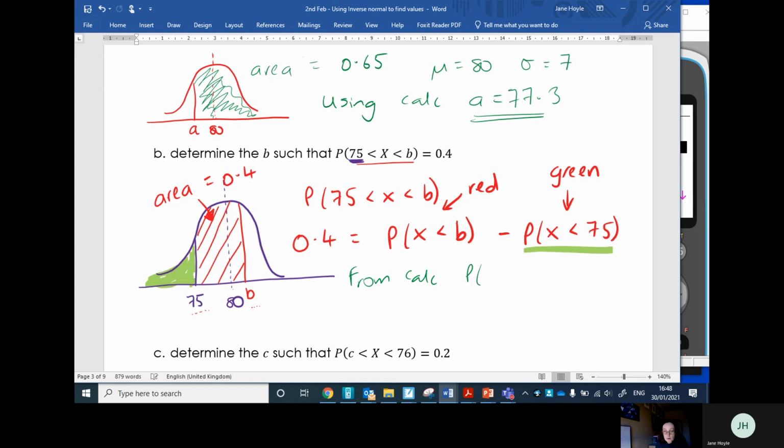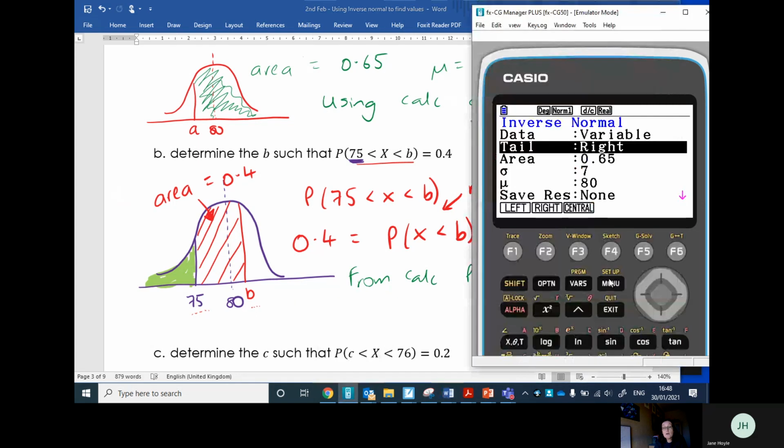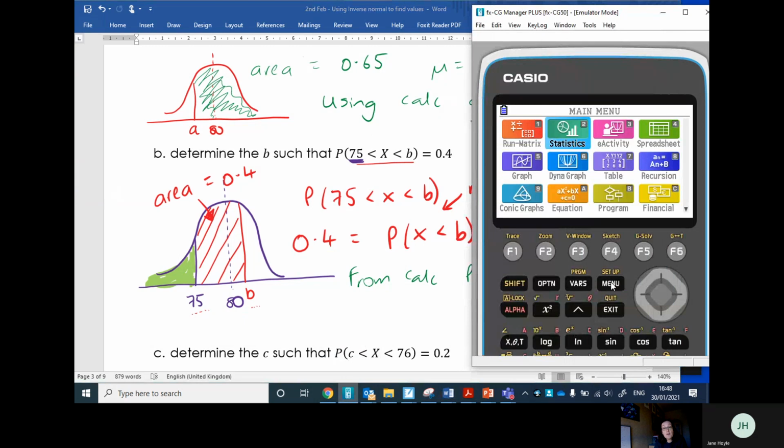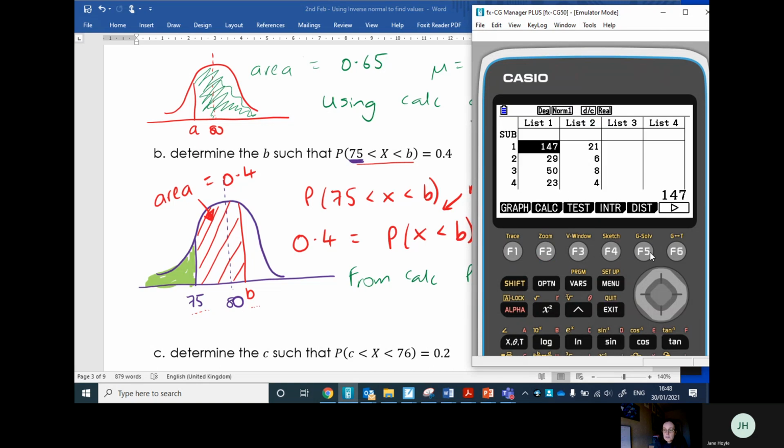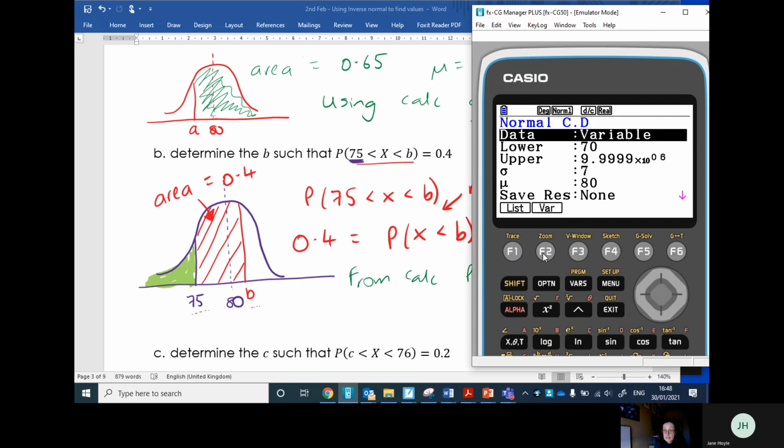The probability that X is less than 75 is equal to... So now we are going into the normal distribution. Sorry, I pressed the wrong thing. Exit, distribution, normal, NCD.